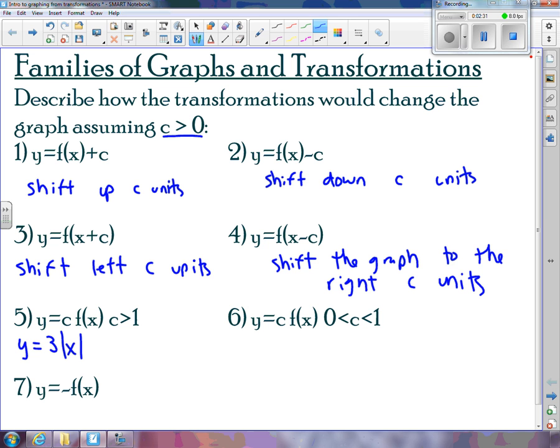So when that number c is bigger than 1, that means that I'm going to make the graph skinnier. If the number c is between 0 and 1, then that means I'm going to make the graph fatter or wider. So what we're going to call this, the skinniness of the graph, we're going to refer to as a vertical stretch. So here this c is going to be a vertical stretch.